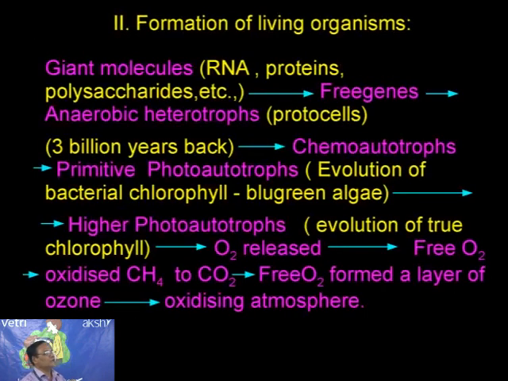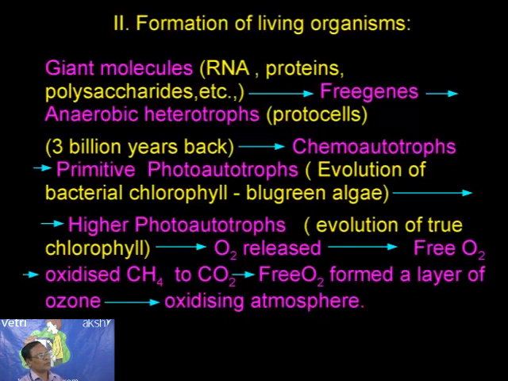Now, from the protobions, the microspheres and co-aggregates, we have the formation of the first living cell. So what happened during the course of evolution? I have given here in the form of a sequence what happened during the formation of a new living thing. First, the giant molecules, the biological macromolecules in the form of RNA, proteins, polysaccharides, nucleic acids, and generally various other hydrocarbons, were formed in the marine water.